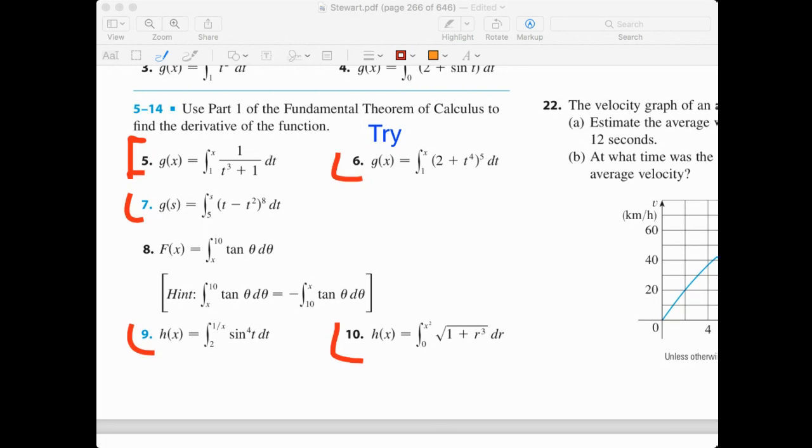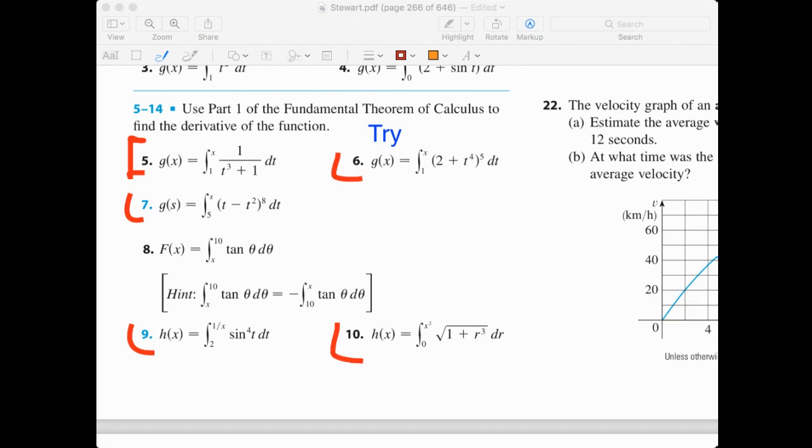Or let's ask you this. What kind of value of t will cause the denominator to be 0? -1. -1. Perfect.